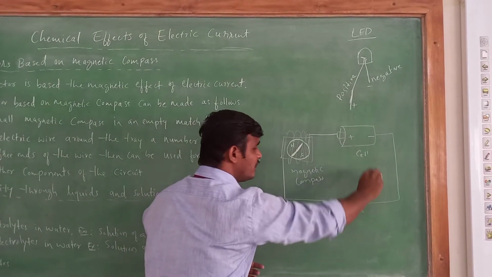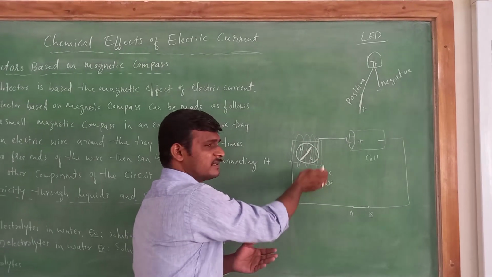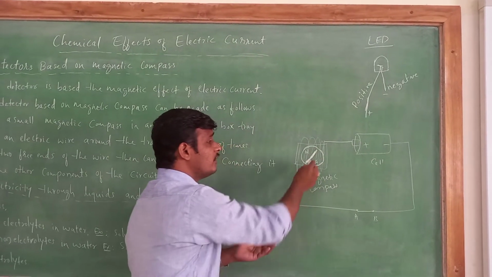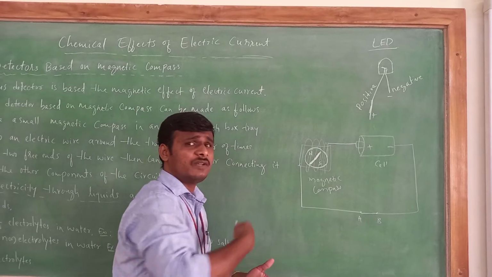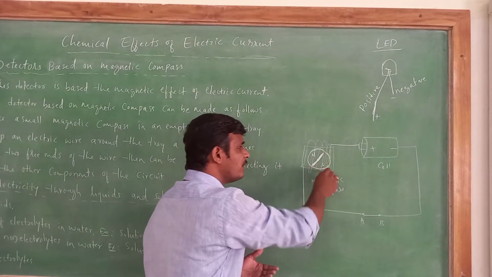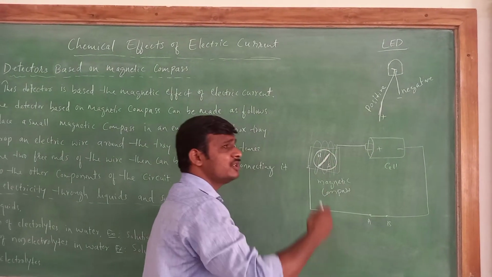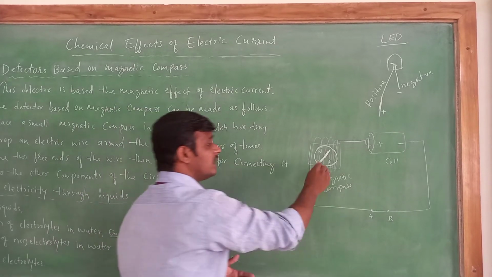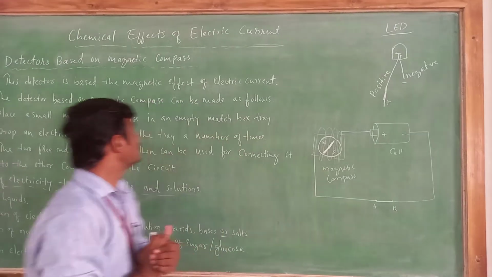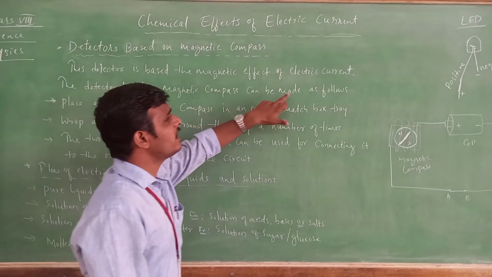When the current flows, the magnetic needle of the compass in the matchbox will deflect. Even if a very small amount of current is flowing through the circuit, the compass will deflect. That's why the magnetic compass is also used as a detector to know the flow of electricity in the circuit.